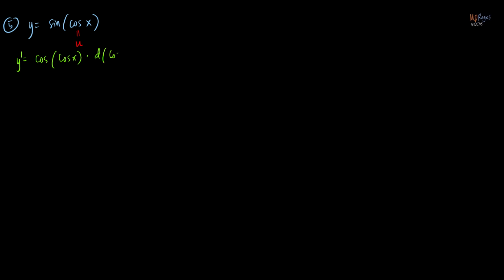So it's cosine of cosine x times the derivative of cosine of x, which is negative sine of x, times the derivative of the angle x with respect to x. That's just equal to 1, so no need to write it anymore. So the answer is negative sine x cosine of cosine x. I just rearranged the expression. So this is y prime.